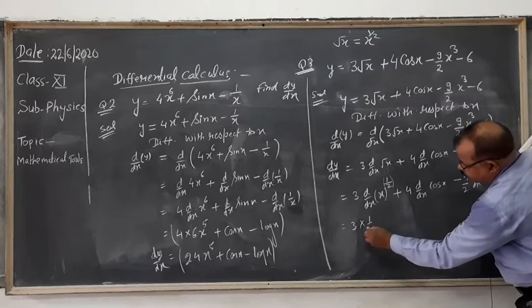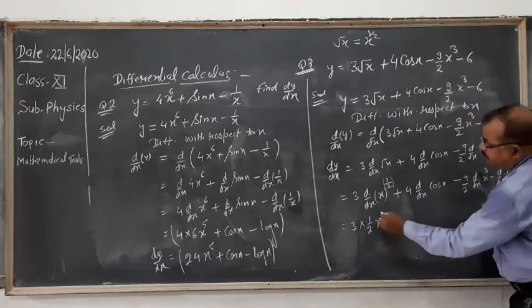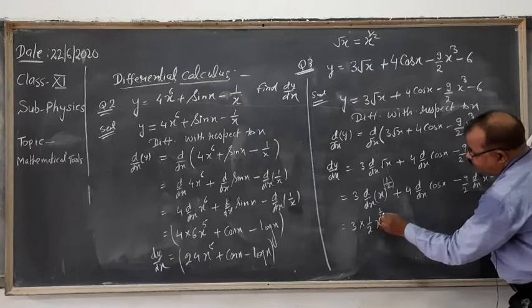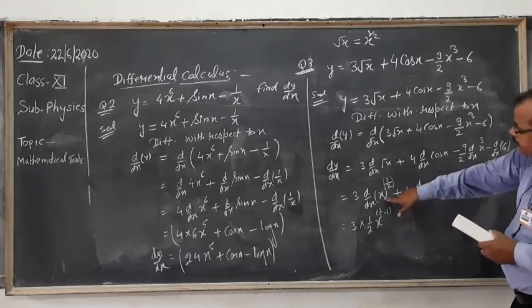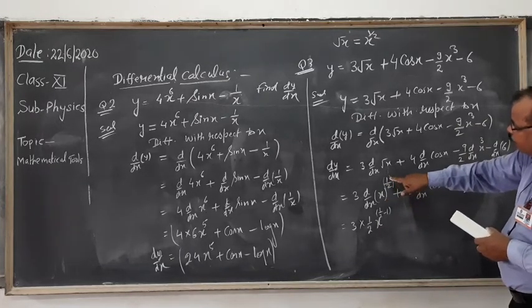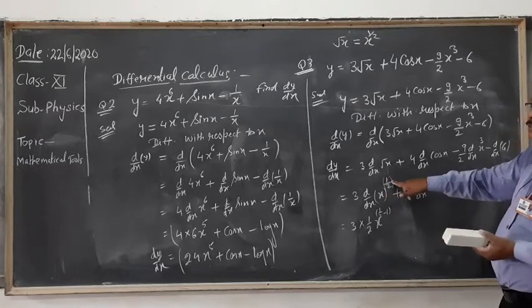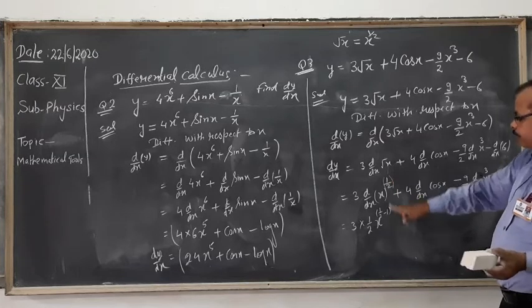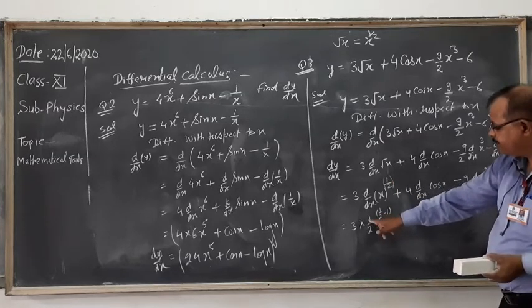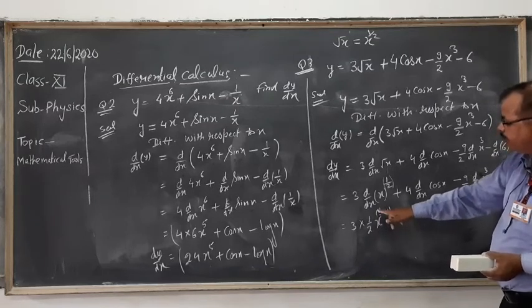So 1 by 2 x to the power n minus 1, 1 by 2 minus 1. Look here, this is x to the power n. The value of n is half and it is written as n x to the power n minus 1. So n means 1 by 2, x to the power n minus 1 means x to the power 1 by 2 minus 1.